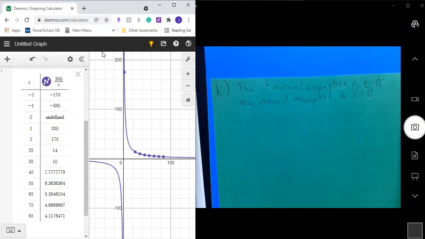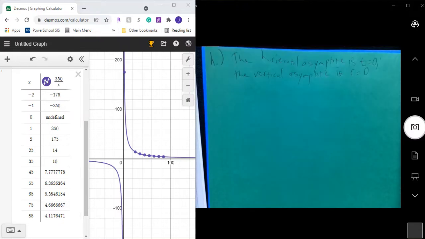If you notice, this graph does not hit the x or y axis at 0. It gets very, very close, but it never hits 0. It approaches 0 but never hits 0. Okay, so that is our vertical and horizontal asymptote. And so now we are done with section 5.1.